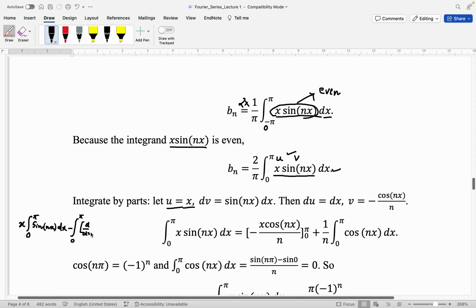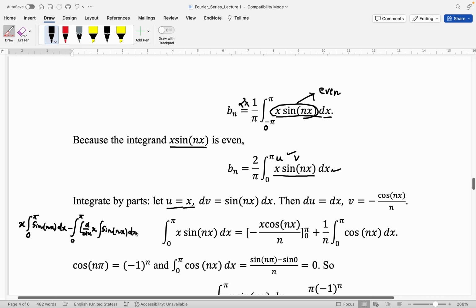You always take the reducible function as the first function, where if you do the d dx, it reduces so that it minimizes the integration. Sine nx dx. This is my integration result.